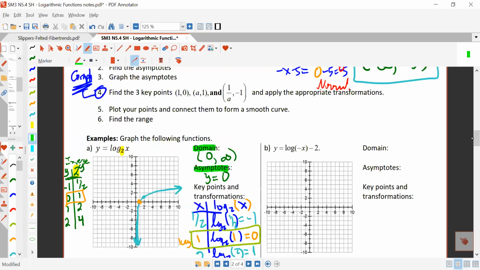So let's see. Okay, what I'm seeing here is I have a logarithm and I don't have a base, okay? If I don't have a base, that's essentially the common log. So it's common. That means my base is 10.